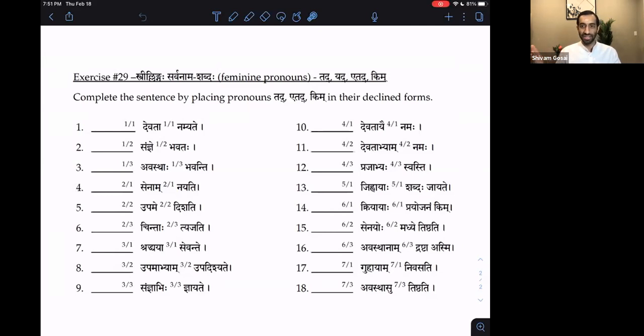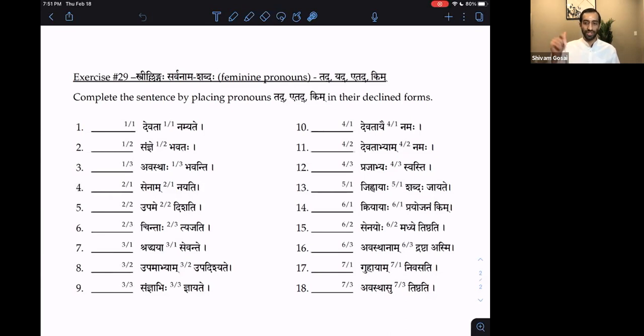So we can add a bhavati or asti. We always need a 1-1 and we need a verb. Neither of those are there. Well, prayojanam could be a 1-1, could be 2-1, but whatever it is, you always need to supply. So we're going to add a bhavati.